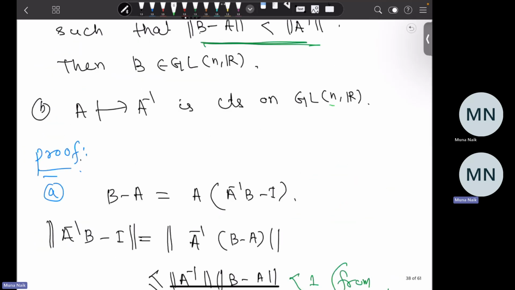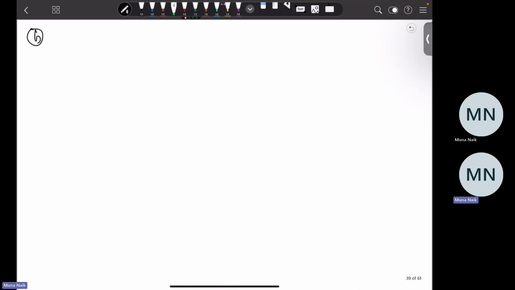If n is equal to 1, this says that x going to x inverse is continuous on R minus 0. How do you prove that?